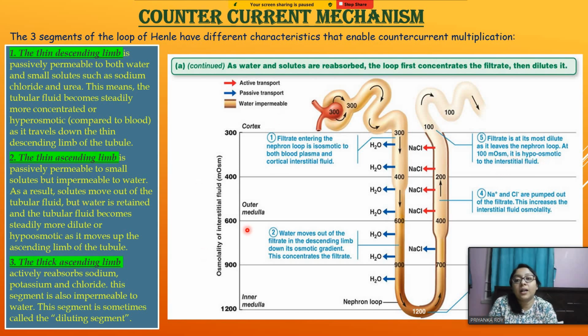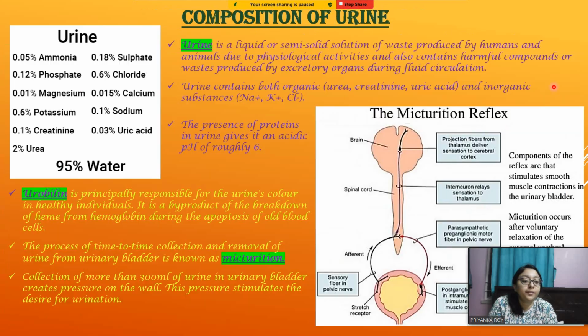So this is the counter current mechanism. First it gets highly concentrated, then it gets diluted again. From here the water can again be reabsorbed by the body if the body is dehydrated.